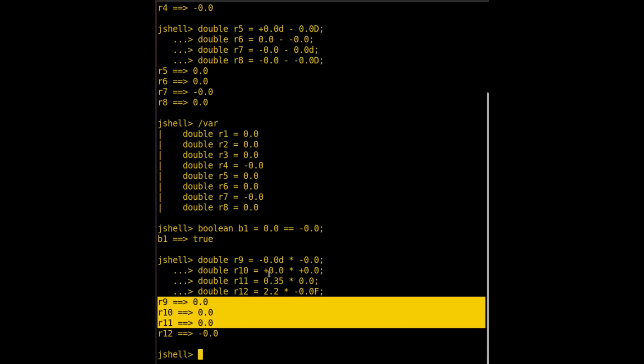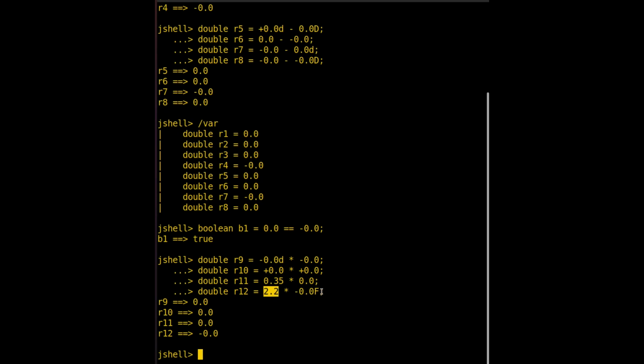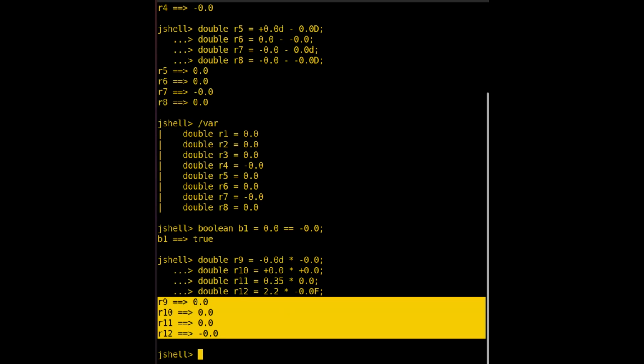Positive times a positive gives me a positive, and any number times 0 will give me a 0. So they all give me a 0, and a positive multiplied by negative 0 gives me a negative double. So that follows the rules. Any number multiplied by 0 results in a 0, as we just saw over here.